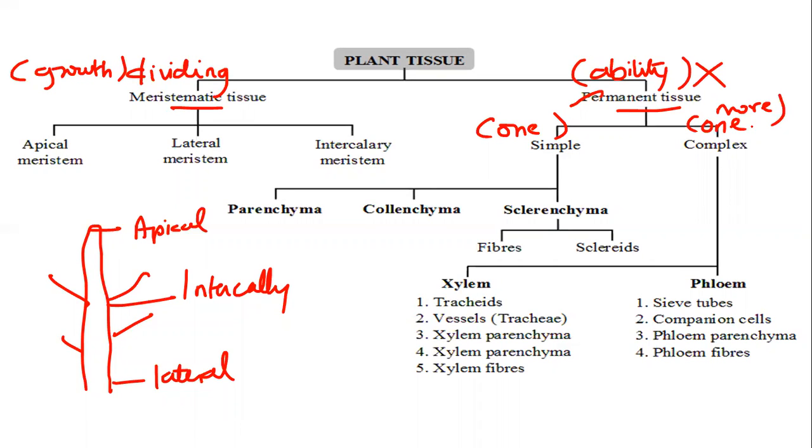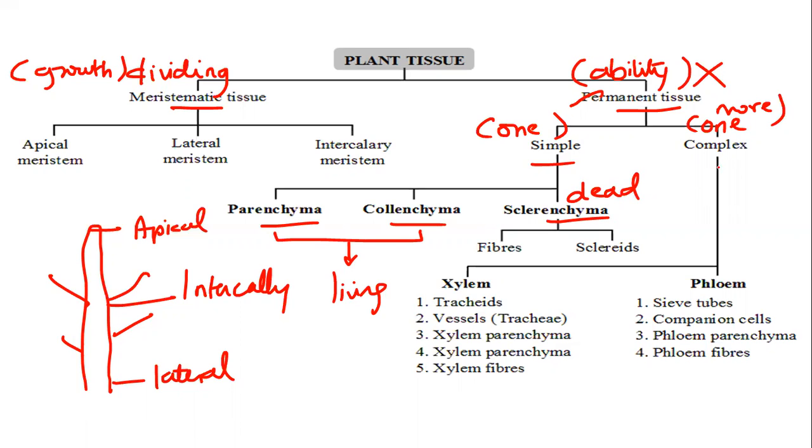Simple permanent tissues are classified into three types: parenchyma, collenchyma, and sclerenchyma. Parenchyma and collenchyma are living cells, whereas sclerenchyma is dead. Sclerenchyma consists of fibers and sclereids.